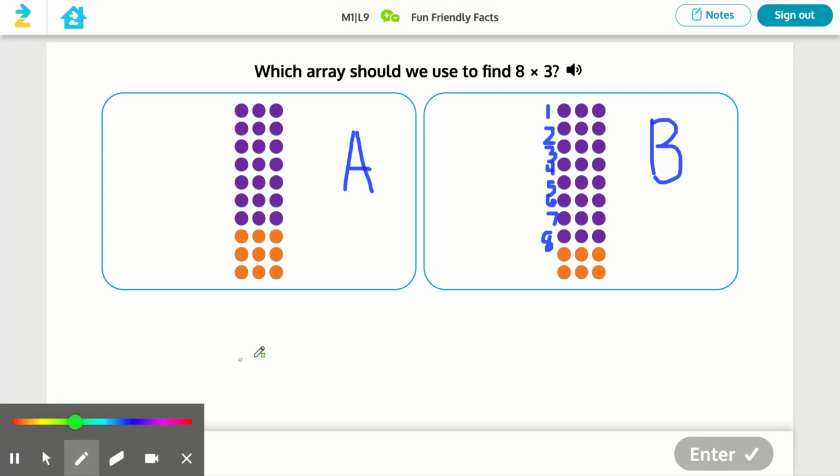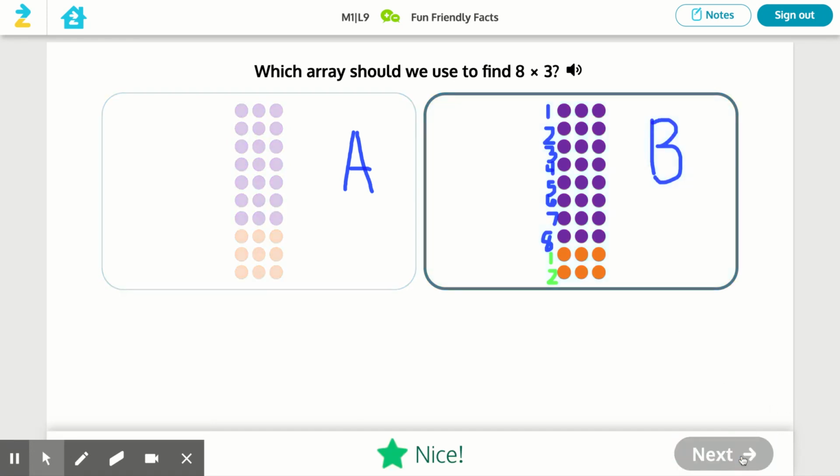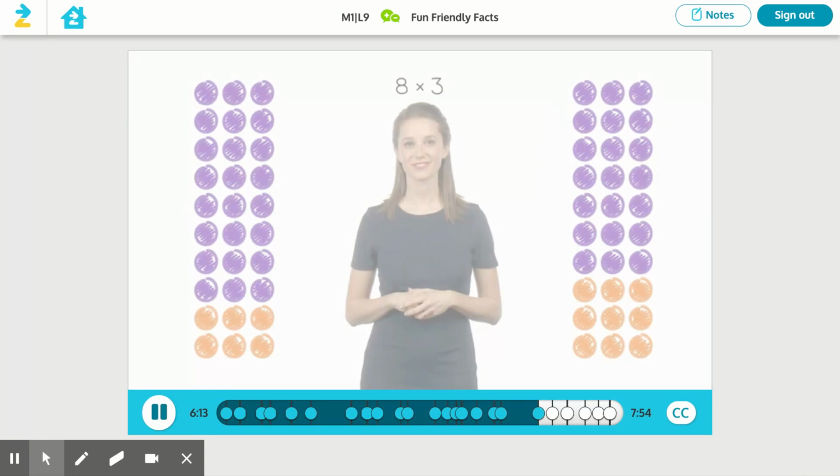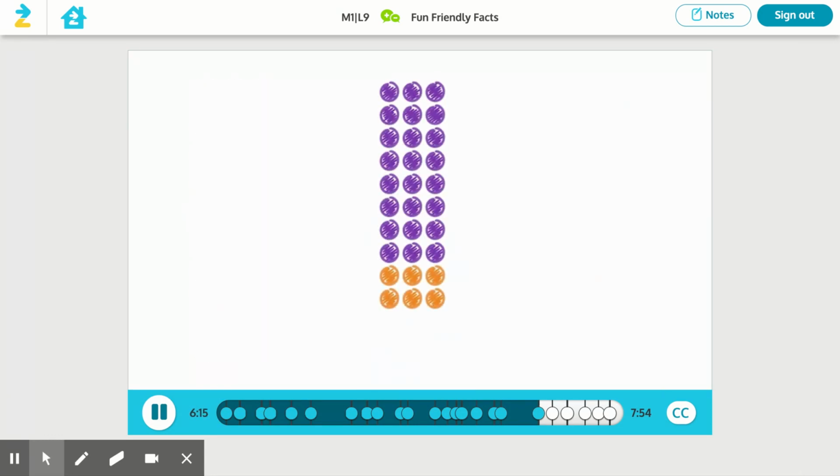And then there are 1, 2 orange rows. And 8 plus 2 gives us our 10. We'll use this array to find 8 times 3.